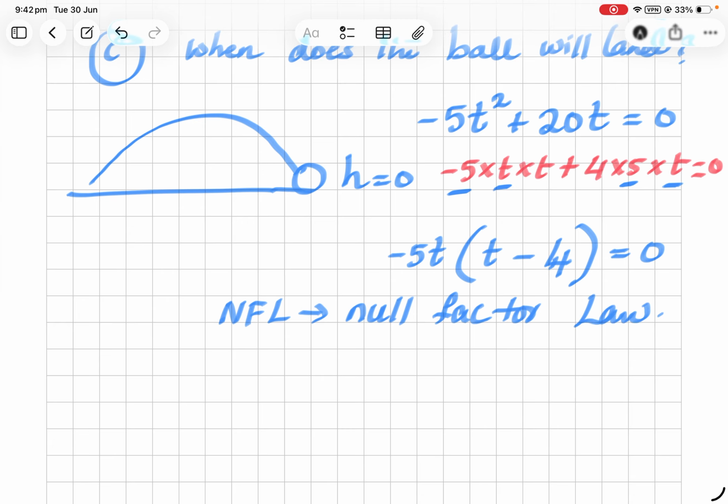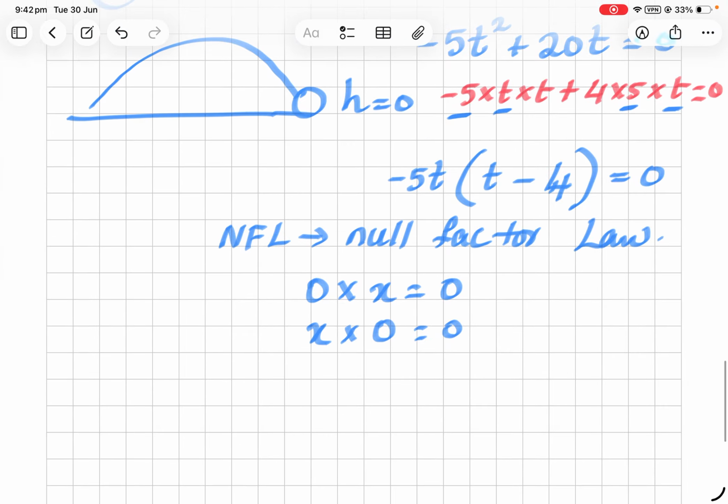My law is saying that if one of the multiples is 0, then you get a 0, like 0 times something is still 0, or something times 0 is still 0. So you're developing the idea from there. That means I'm going to equate two things here. I can say negative 5t equals 0 and t minus 4 equals 0.